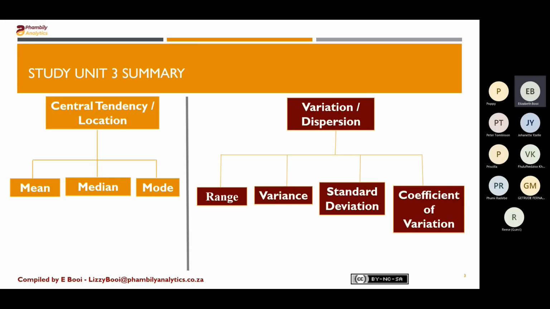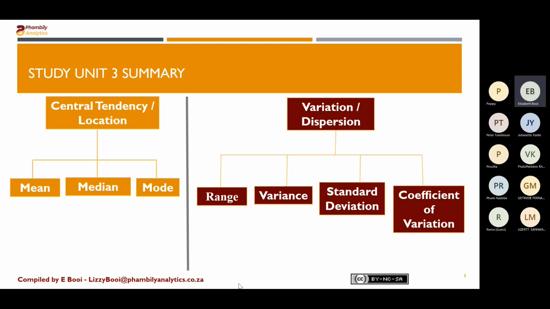We're going to cover two concepts today: the measures of central location or central tendency, which describes where your data lies or where the center of your data is at, and the measures of variation or the measures of dispersion, which tells you how spread your data is from the center, which is your average or your mean.